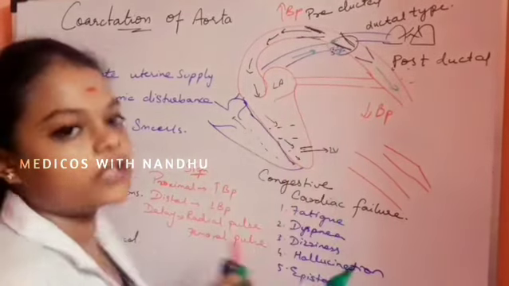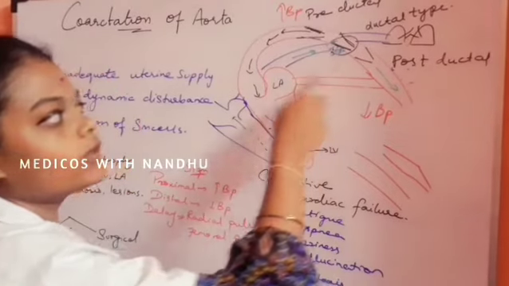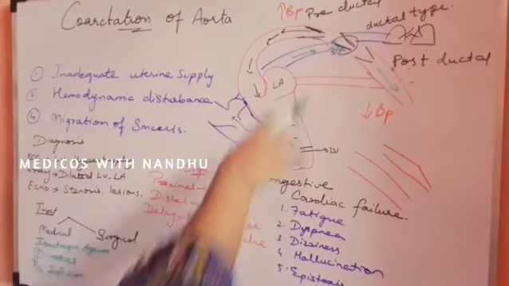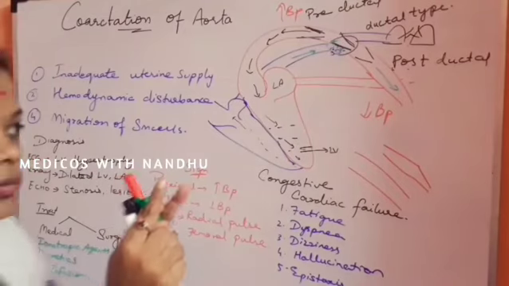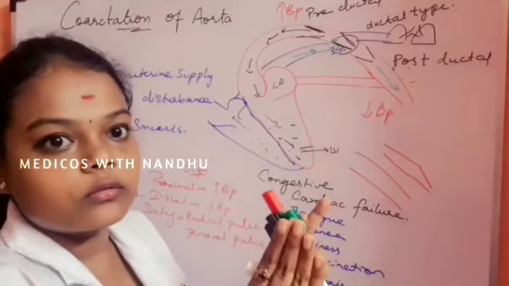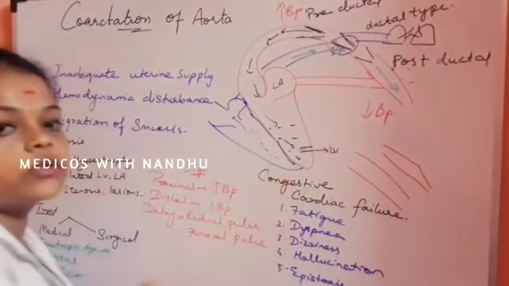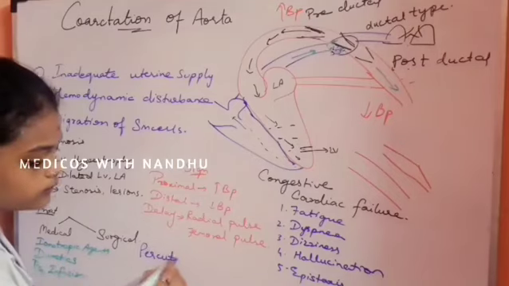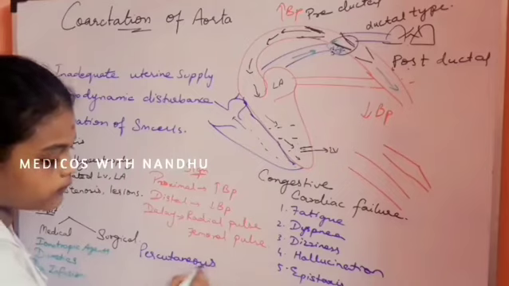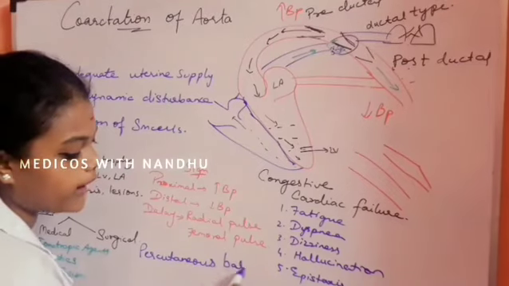If the lung is not constricted, we can supply the blood through this ductus arteriosus way. So to dilate the ductus arteriosus more, we can use prostaglandin infusion. On surgical treatment, we can use percutaneous balloon angioplasty.